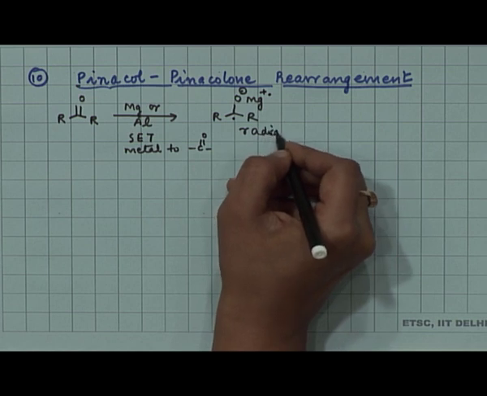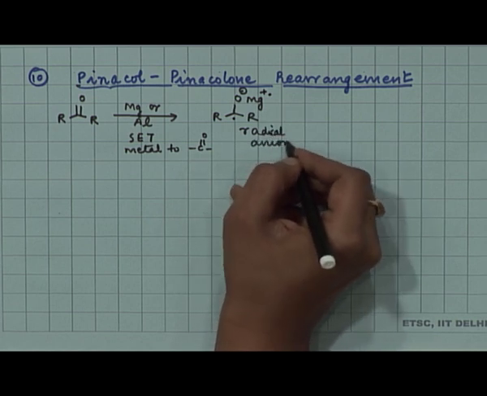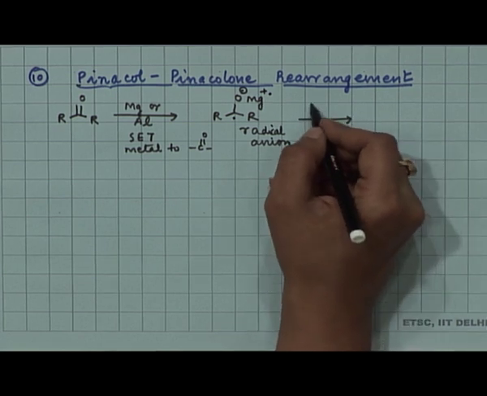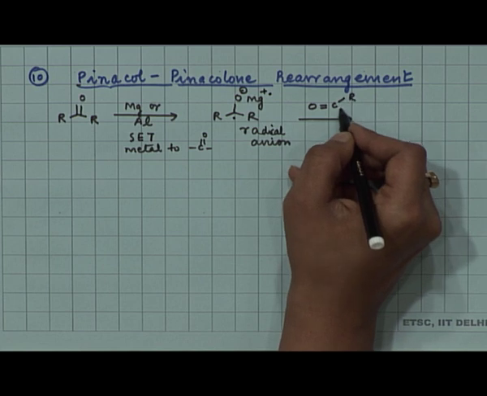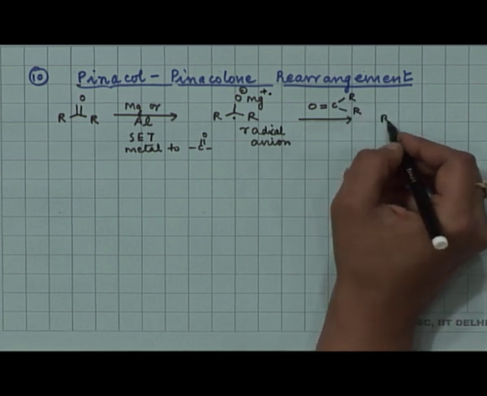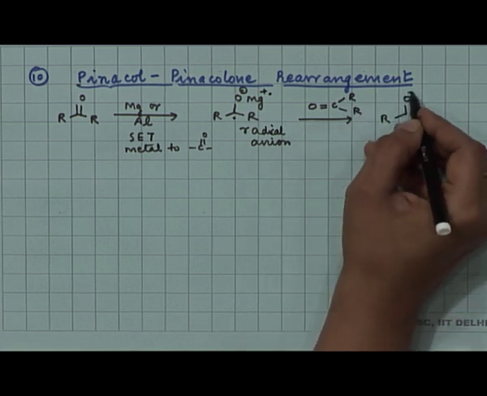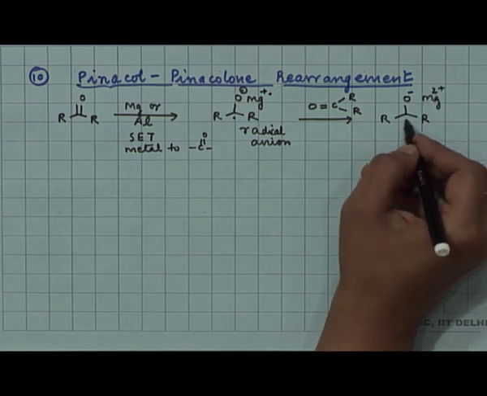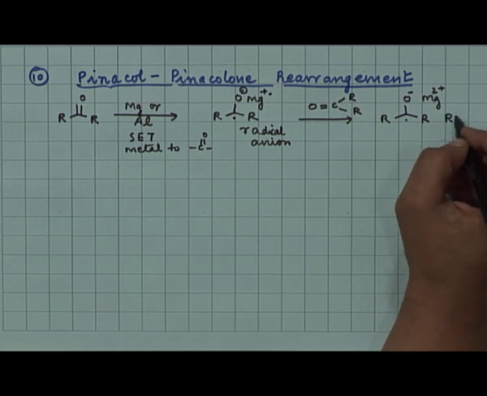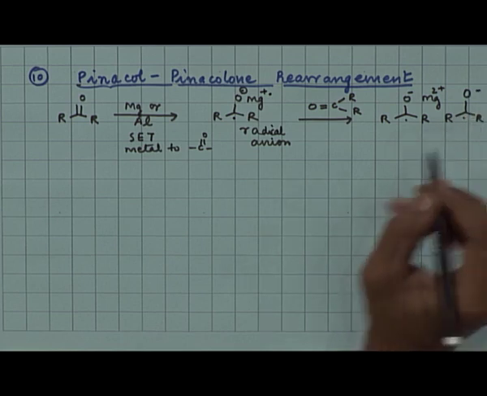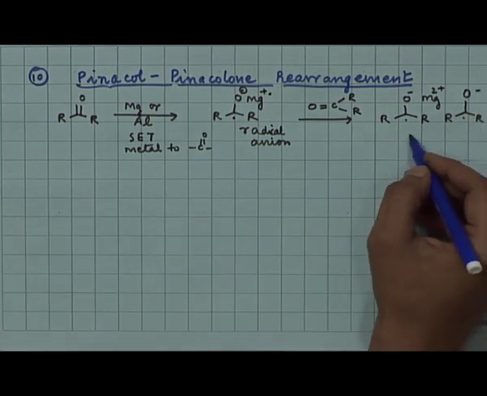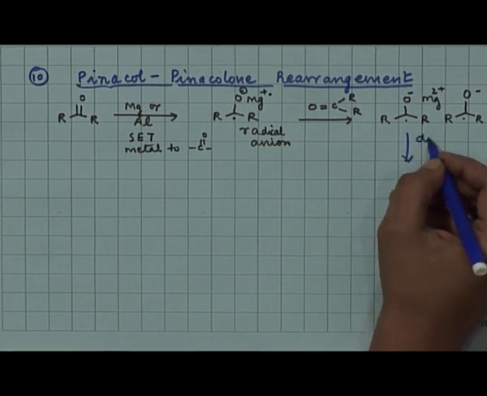So, you get an anion radical which again reacts with another molecule of ketone to give you another anion radical, and then these 2 anion radicals, they dimerize.